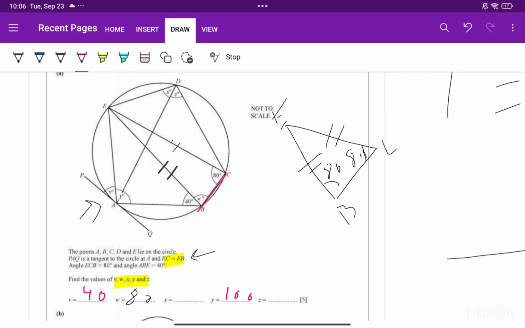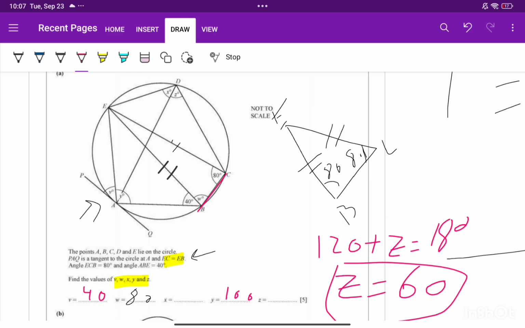So we can write: w is 80, so 80 plus 40 is 120. 120 plus z is equal to 180. So z is 60 degrees. To find angle x, as we know these both are short, so this is becoming a cross. So if this is 40, then angle x will also be 40. So we can write 40.